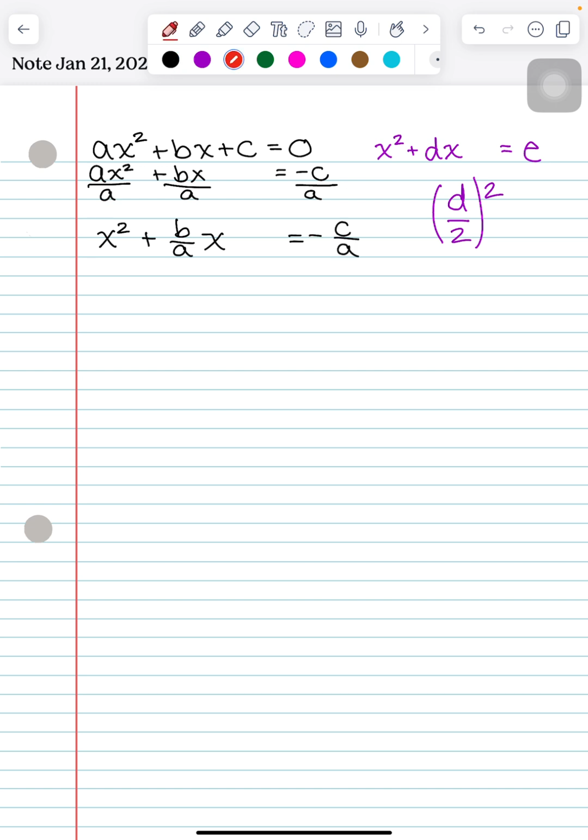Now that d over 2 squared, the d in this case is b over a, which is not friendly to divide by 2, but we can do it. So off to the side, b over a, and instead of writing divide by 2 as an over 2, I'm going to write it as an actual divide symbol because that's actually going to work in our benefit when it's fractions. Because to divide fractions, you multiply by the reciprocal. And then when you're multiplying, you multiply straight across, and b times 1 is b, and a times 2 is 2a.